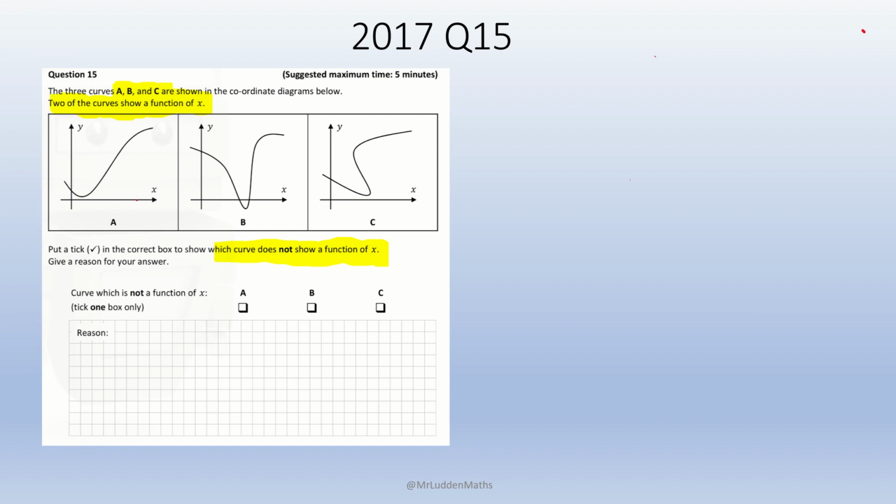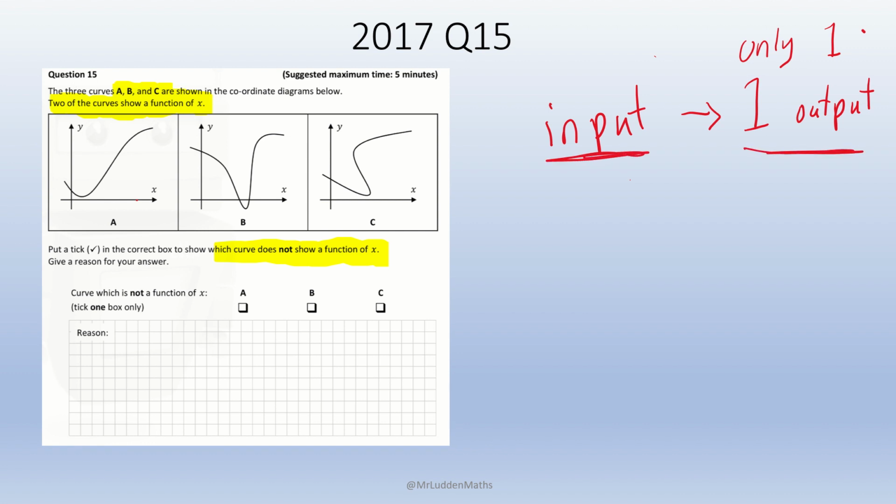Now remember, for a function, input only one, output only one. So if I was to switch up these, my inputs are my x's, so my x's can only go to only one y.